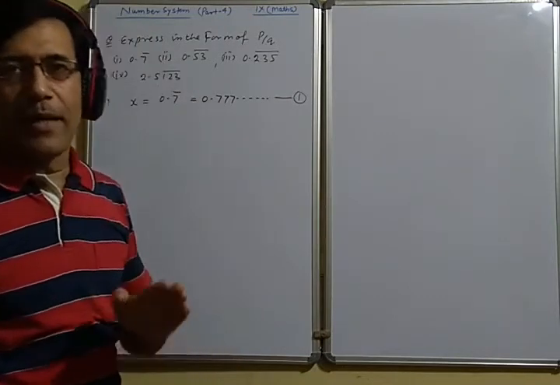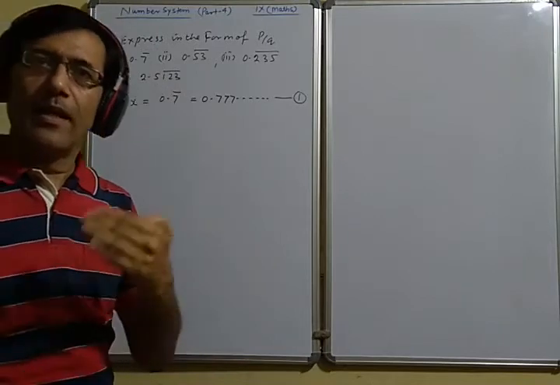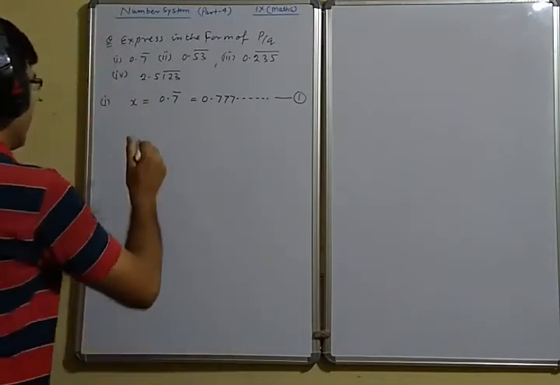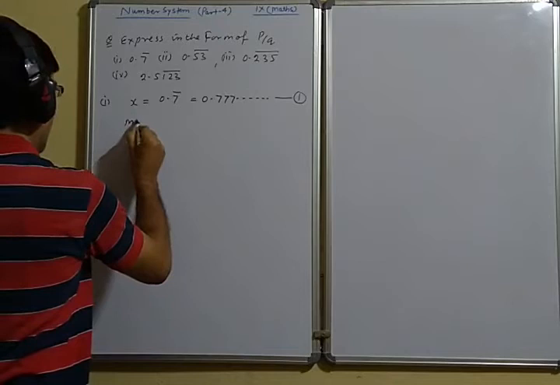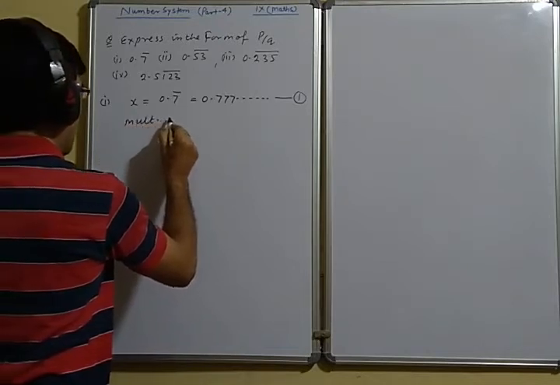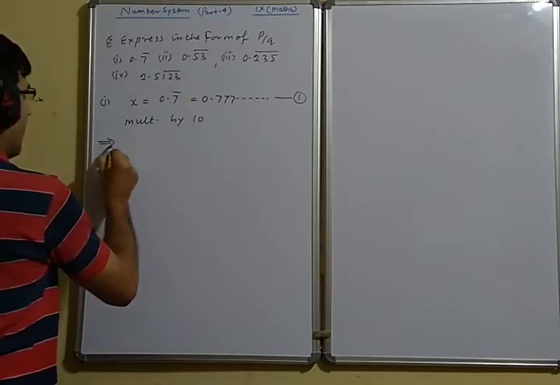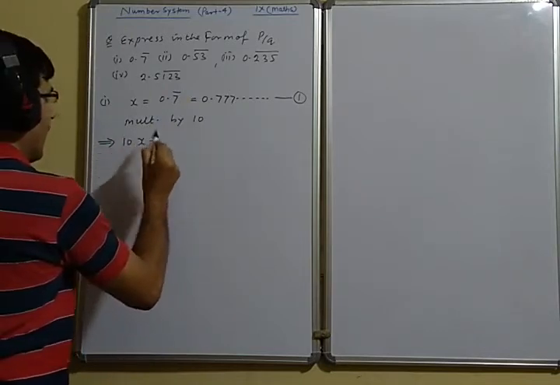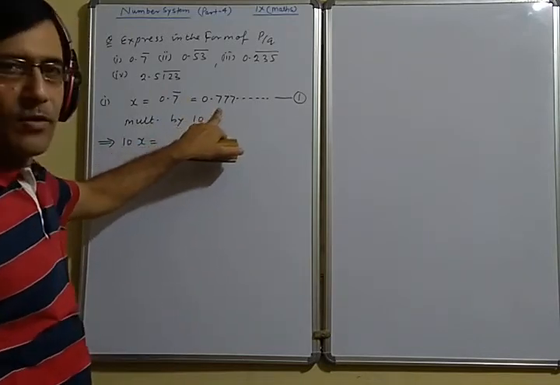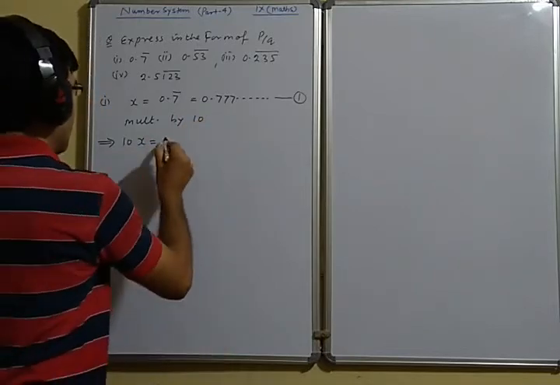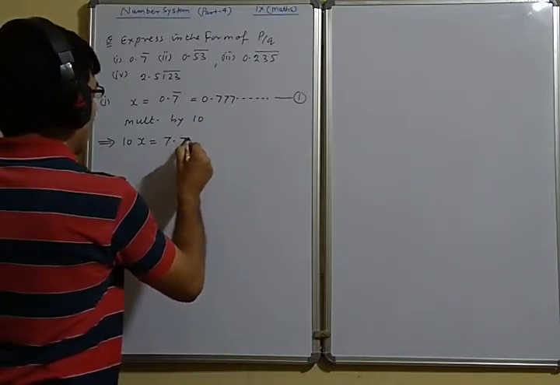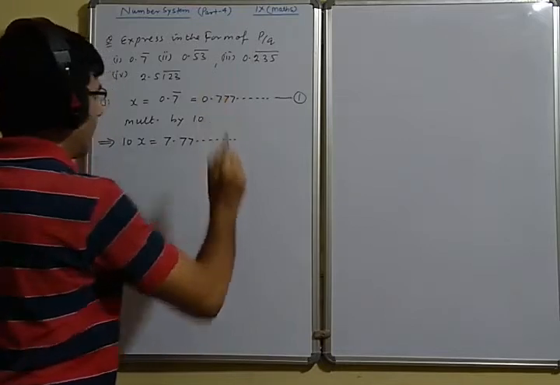So we will multiply this by 10. Multiplying both sides by 10, it becomes 10x, and when we multiply here, we get 7.777 and so on.